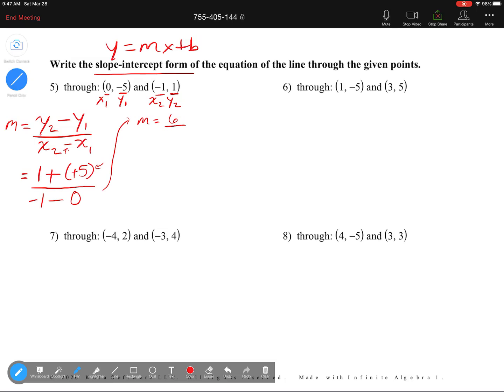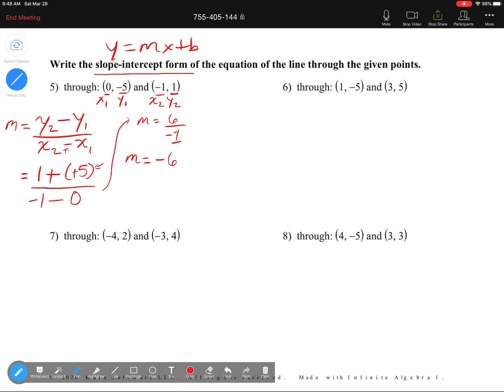Well, if you owe $1 and then you take away nothing, you're still left with owing $1. So now we have our slope. Let's simplify that just a little bit further. m equals 6 divided by negative 1 comes out to be negative 6.